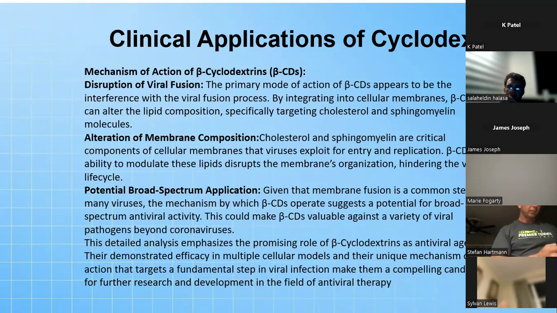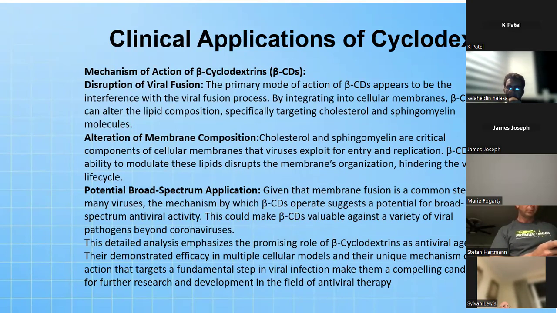And that's why it has potential broad-spectrum application, given that membrane fusion is a common step for many viruses. The mechanism by which beta-cyclodextrin operates suggests a potential for broad-spectrum antiviral activity, whether it is corona or H1N1 or whatever it is, any enveloped virus, or Epstein-Barr virus or herpes virus, anything that has an envelope, this will help.